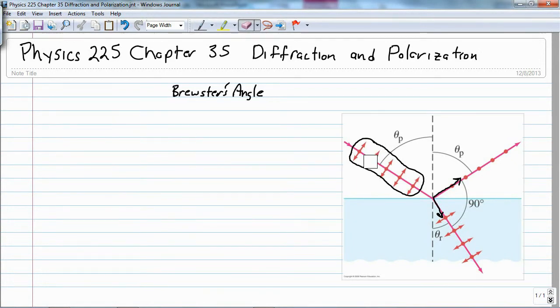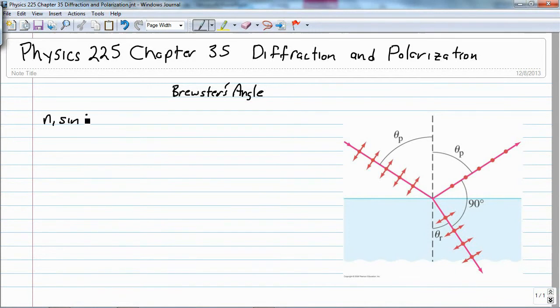So let me clean this up a little bit because I'm going to have to draw here. So we know from Snell's law that n1 sine theta p is equal to n2 sine of theta refracted.